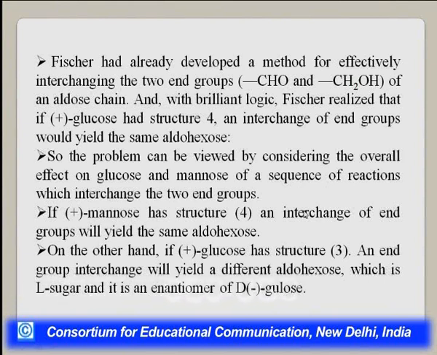We will interchange the end groups in both structures. First of all, if plus mannose has structure 4, an interchange of end groups will yield the same aldohexose. On the other hand, if plus glucose has structure 3, an end group interchange will yield a different aldohexose, and this is an L sugar.